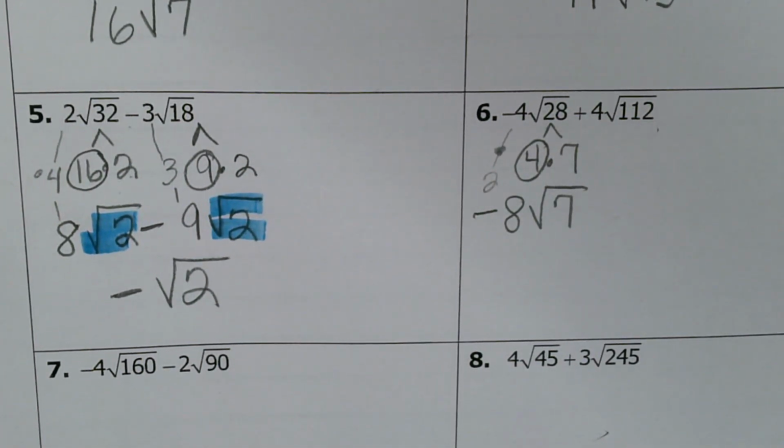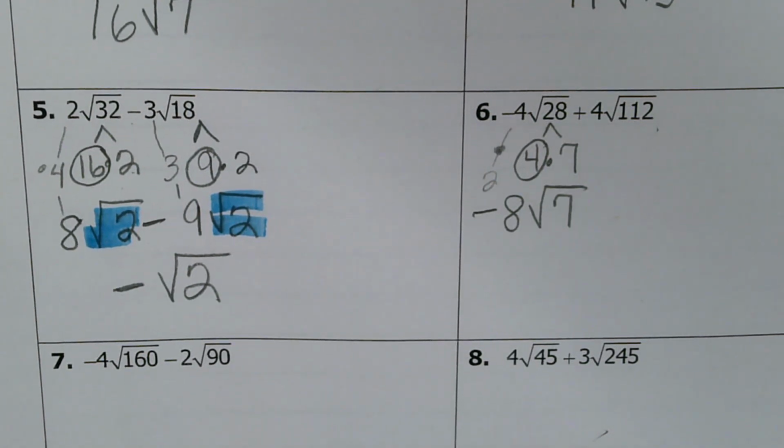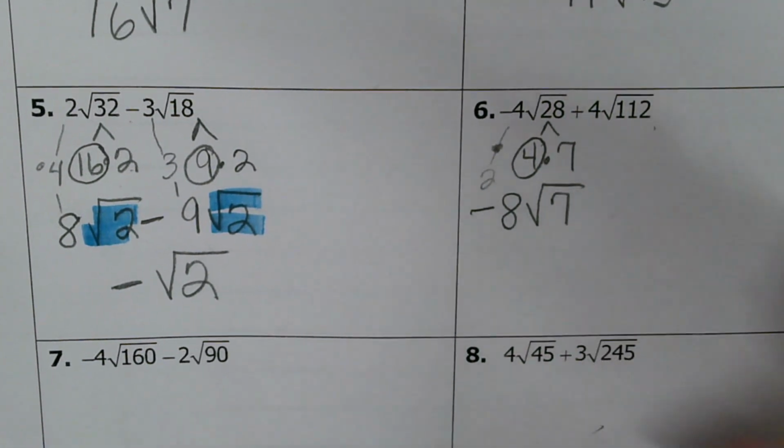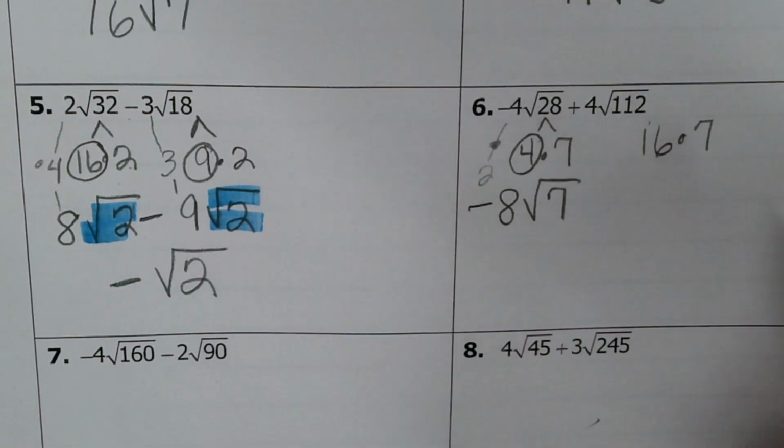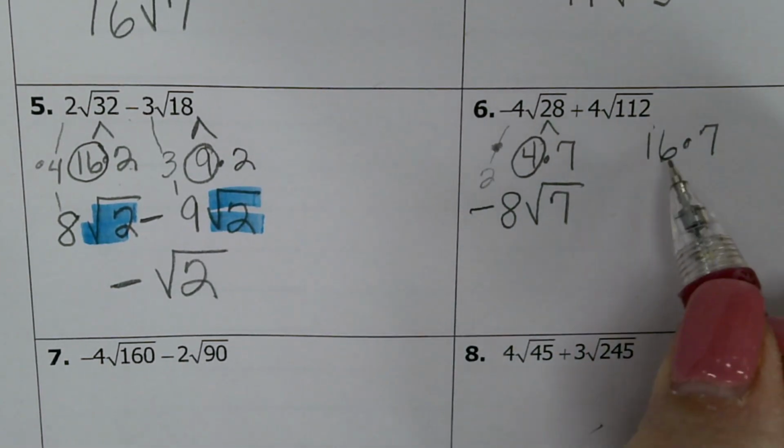All right, now I don't know 112. Does anybody know 112? Oh, it's on this screen. 16. It's kind of like a puzzle. All right, so 16 times 7. Okay, perfect square, 16.